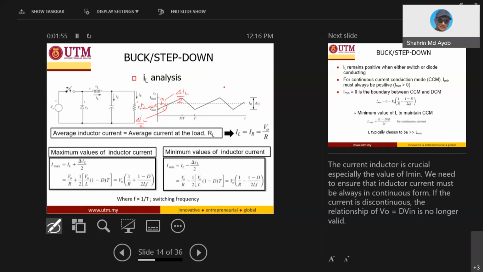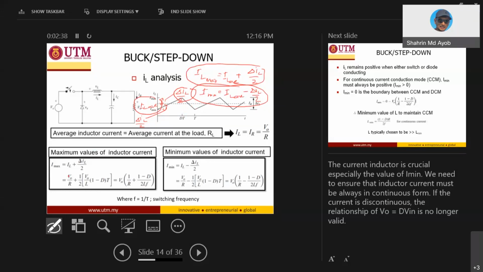So from here we can know that your I max is IL average plus delta IL over 2, and your I min is IL average minus delta IL over 2. That is the only thing that you need to know: how to derive I max, I min and IL average. There are three equations that you need to know to analyze this IL.